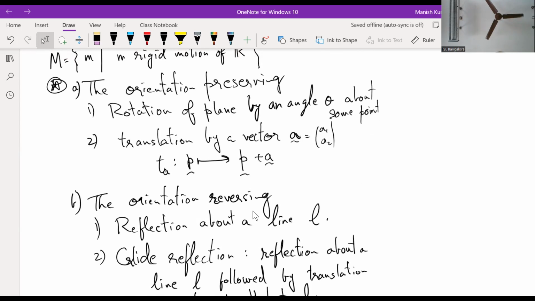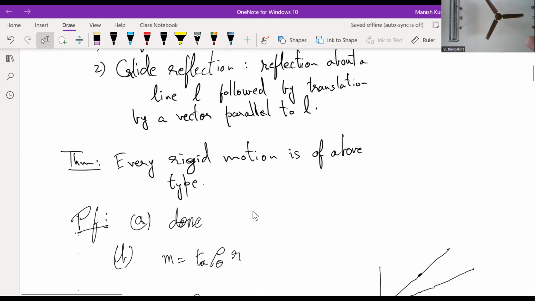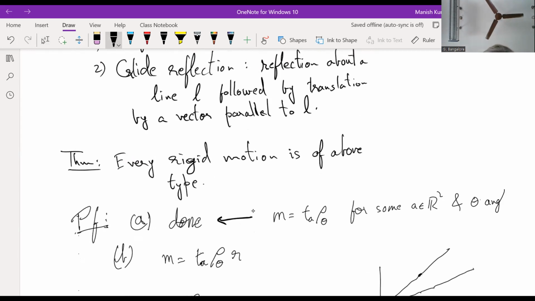So in this situation, M would look like translation by A followed by rho theta, for some A in R2 and theta some angle, maybe between 0 and 2 pi.